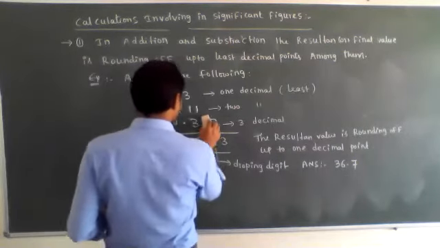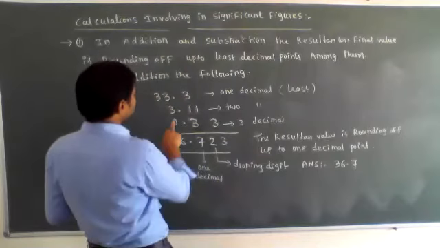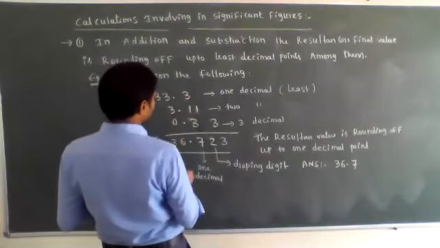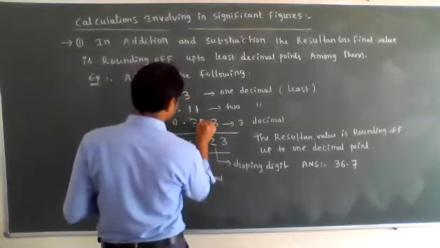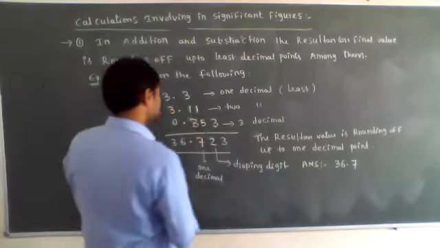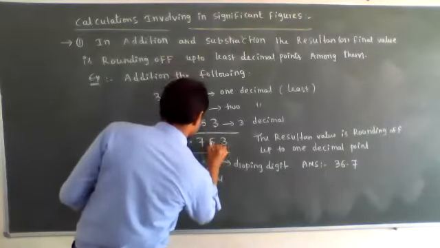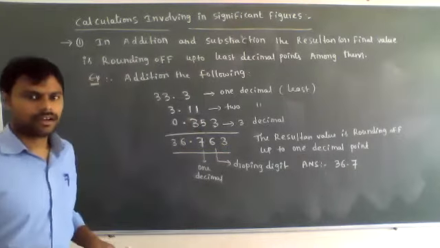Now let's see one more example. 33.3, 3.11, 0.53. Now what is the answer? After addition, we got 36.94.